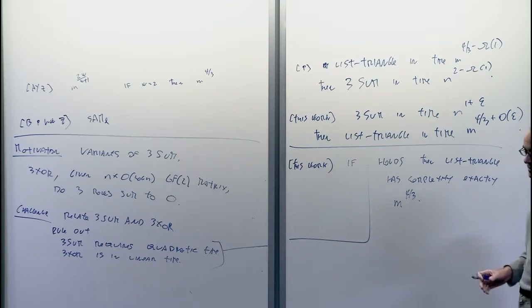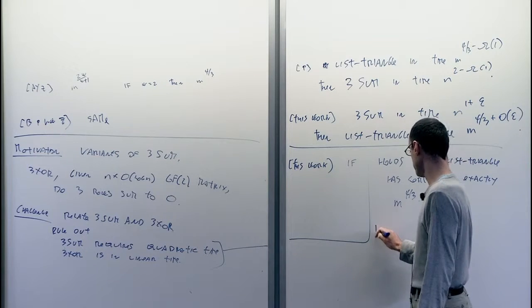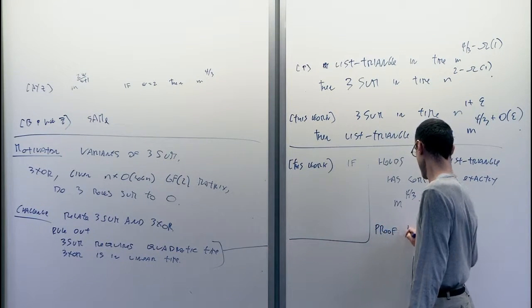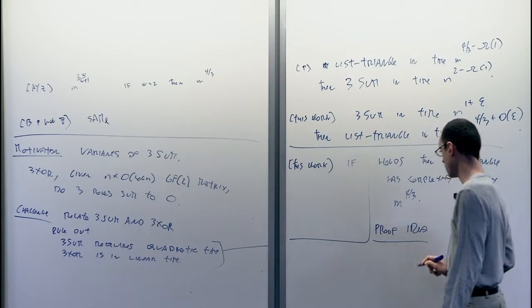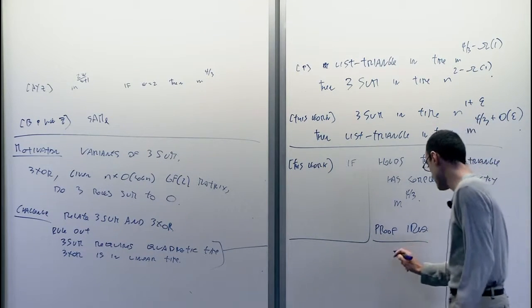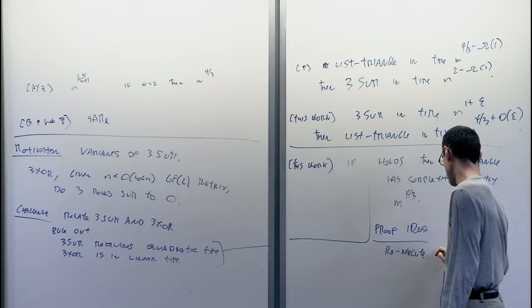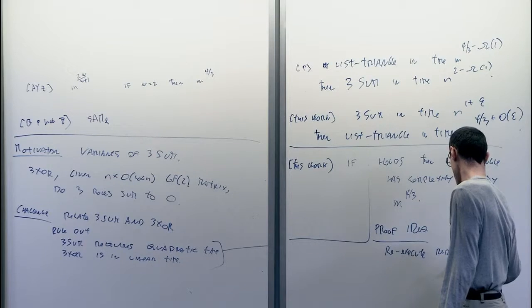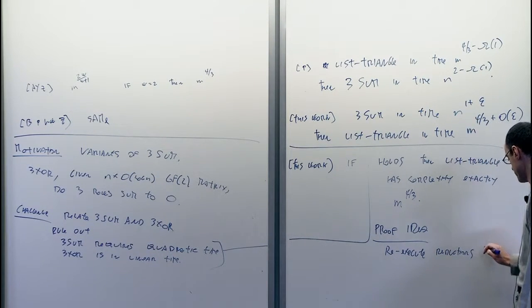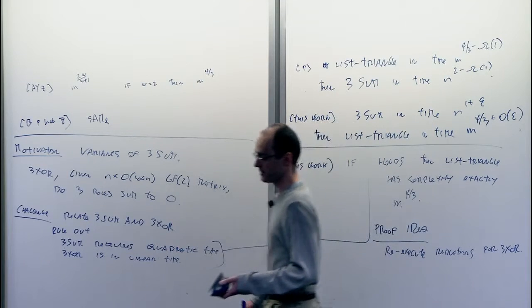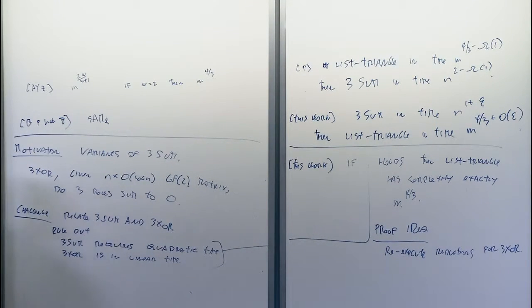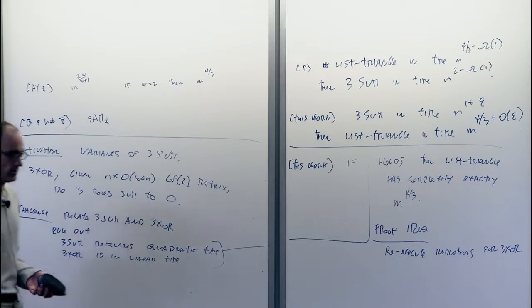Okay, so how is this shown? So the proof idea is very simple to explain. We can re-execute the reductions for 3 XOR. Both the reduction in Patrascu's paper and the reduction in our paper work just as fine if you are dealing with 3 XOR instead of 3 sum.